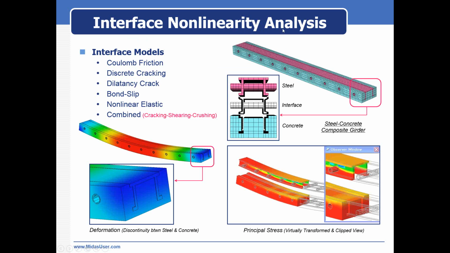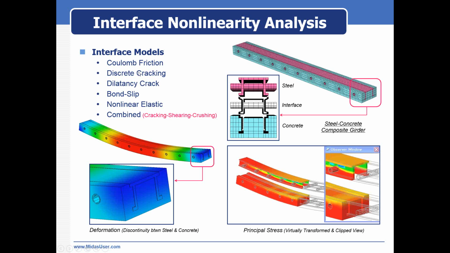Interface nonlinearity analysis. This is really crucial when we have two materials of different stiffness. Then interface is most commonly used and very crucial in Midas FEA. We support discrete cracking and dilatancy cracking. This could be used for concretes being cast at two different ages.